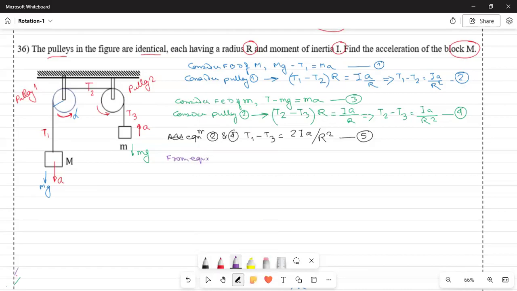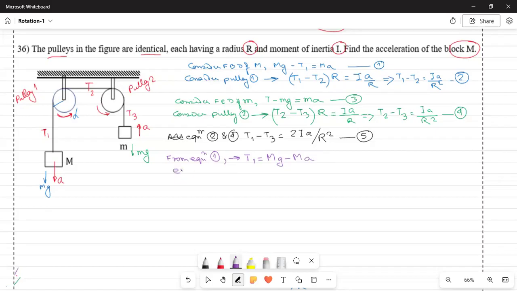From equation 1, we get T1 is equal to capital Mg minus capital Ma.